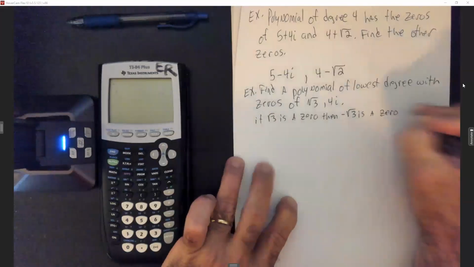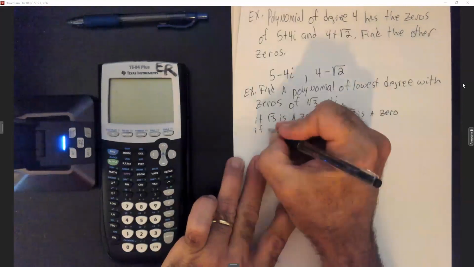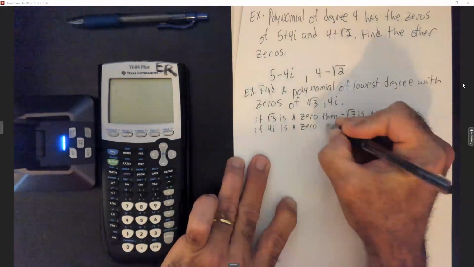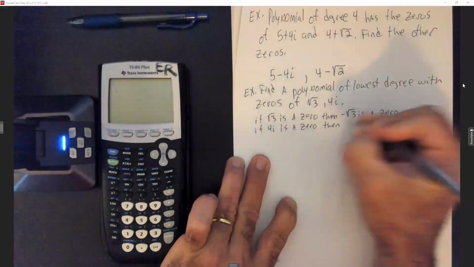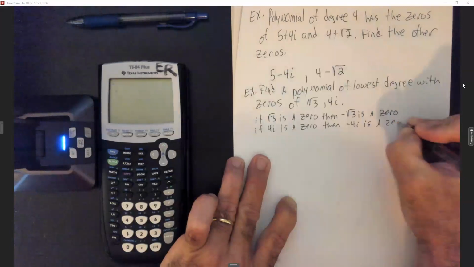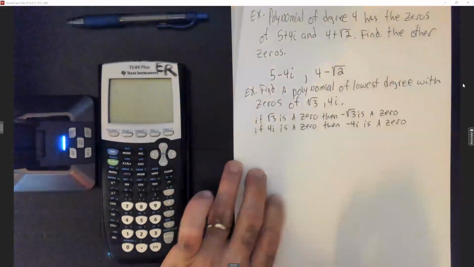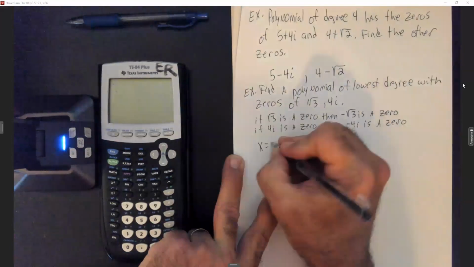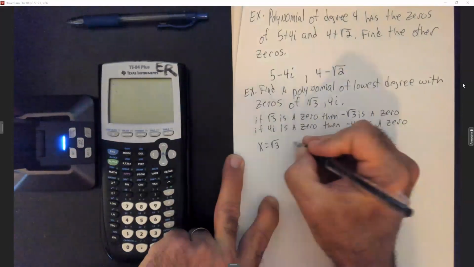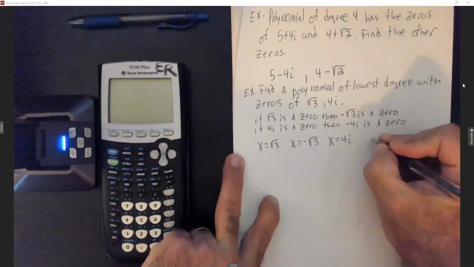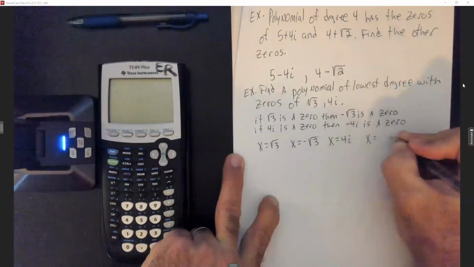I also know if 4i is a 0, then negative 4i is a 0. So I know I have 4 answers. I'm going to have x equals square root of 3, x equals negative square root of 3, x equals 4i, and x equals negative 4i.